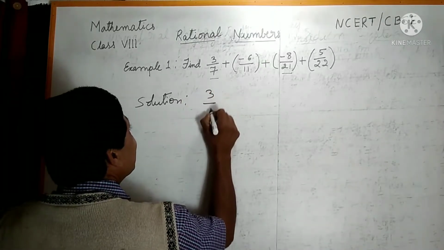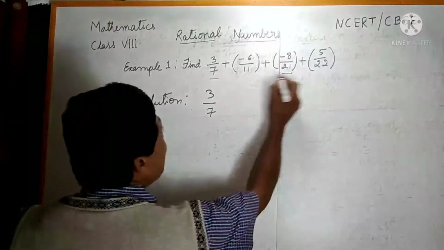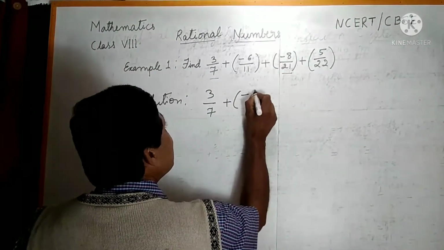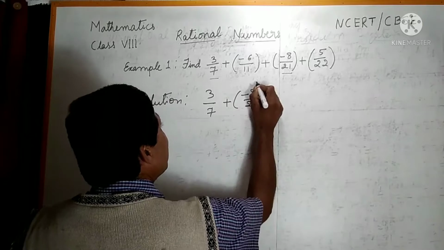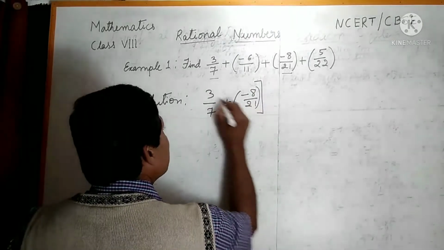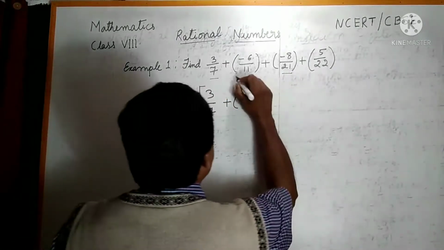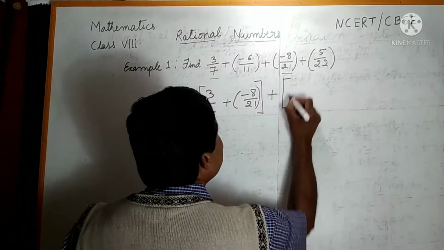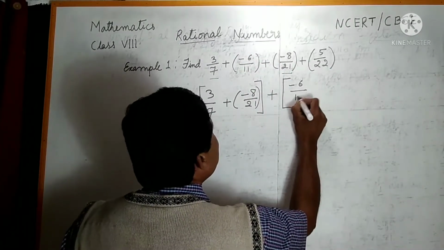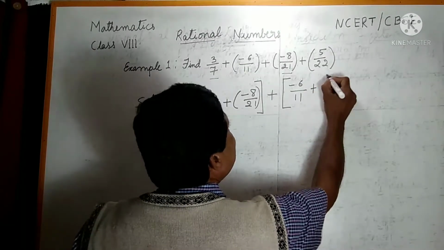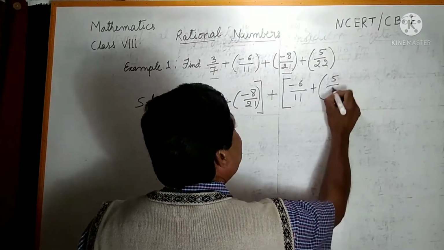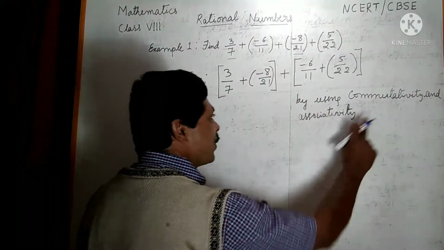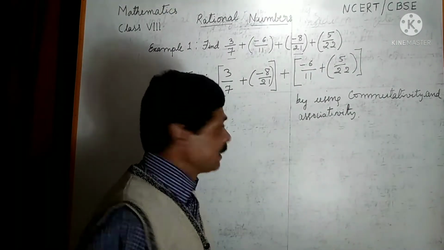Let us split 3 by 7 plus minus 8 by 21 and plus minus 6 by 11 plus 5 by 22 by using commutativity and associativity.